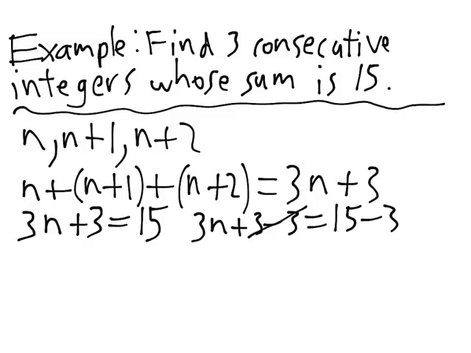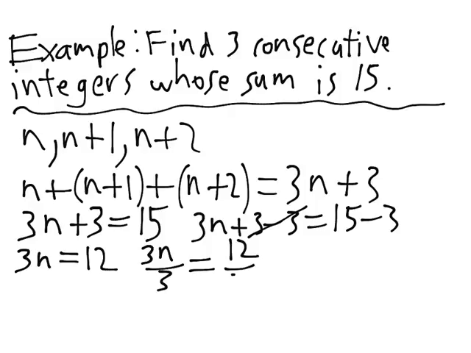We cancel the 3's and see that 3n is equal to 12. If we now divide both sides by 3, we have 3n/3 = 12/3. The 3's cancel here, and we're left with n = 4.